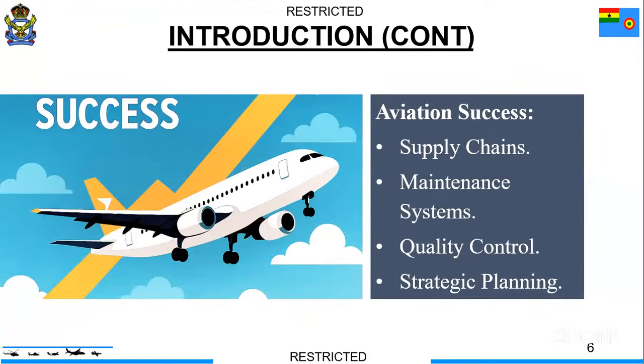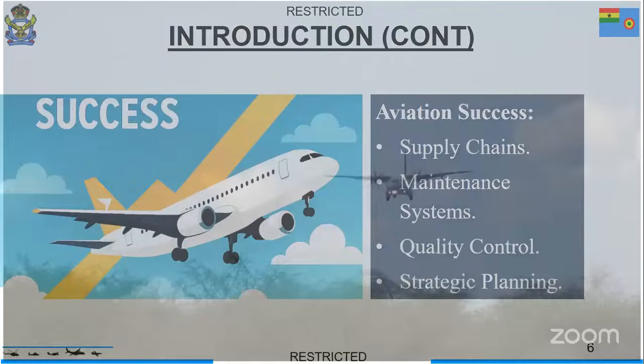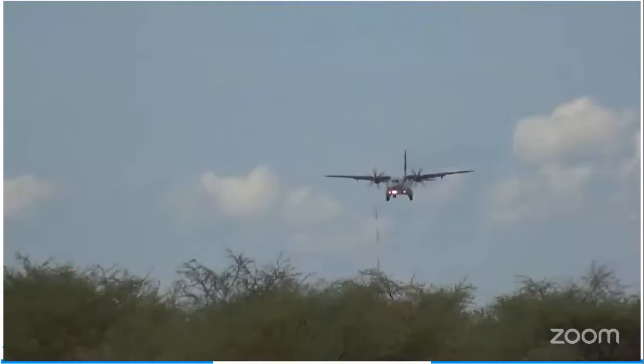For logistics and procurement professionals like you, aviation success is not just built around the cockpit. It is built in supply chain, maintenance systems, quality control, and strategic planning. Before I continue, I'd like us to look at a practical scenario of how the Air Force does its logistics movement.